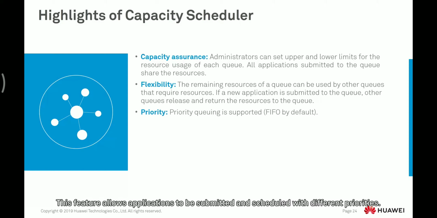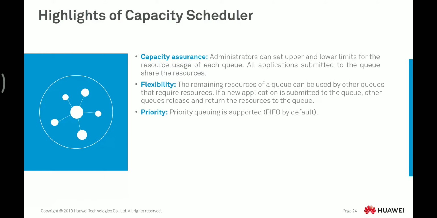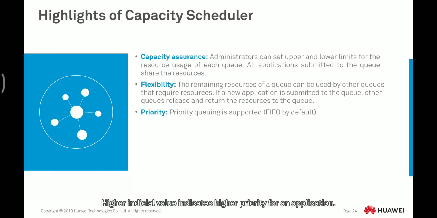Priority. This feature allows applications to be submitted and scheduled with different priorities. A higher integer value indicates higher priority for an application. Currently, application priority is supported only for the FIFO ordering policy.